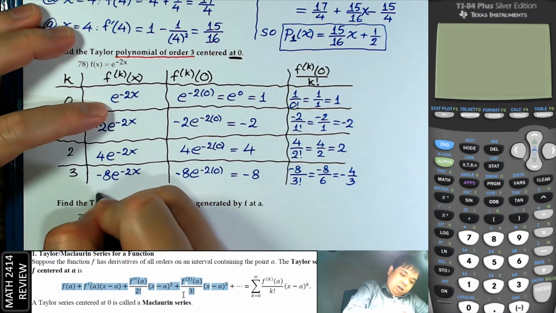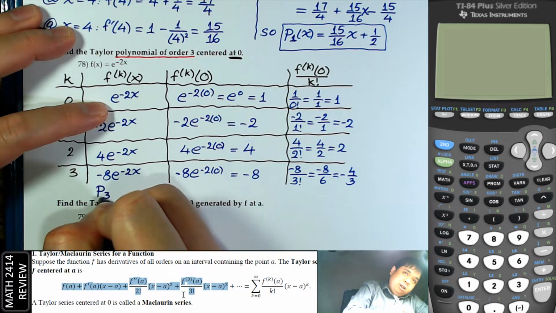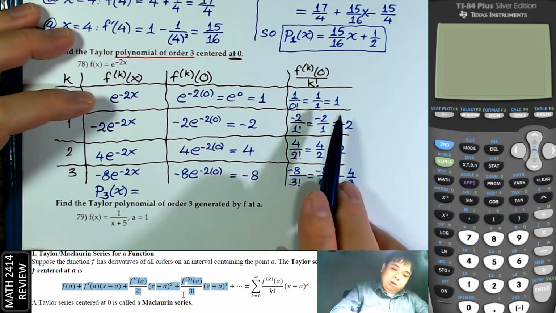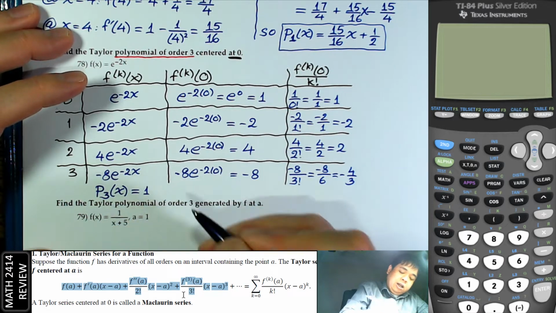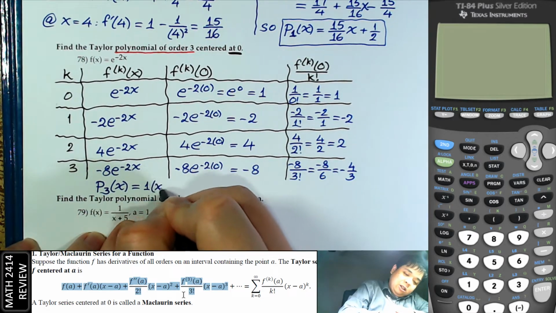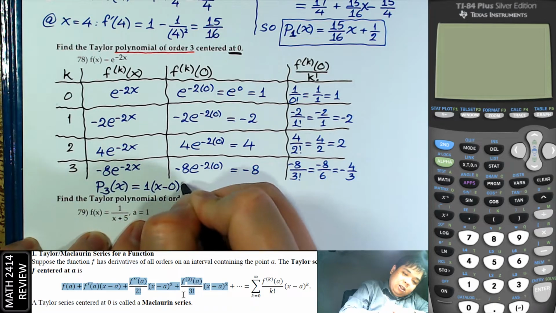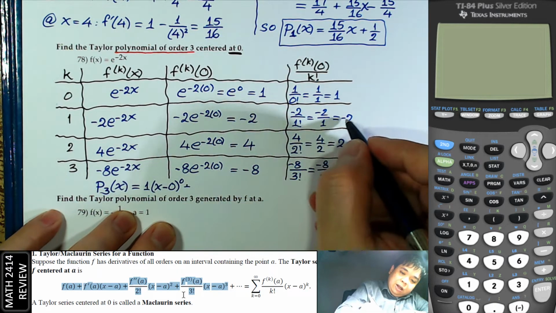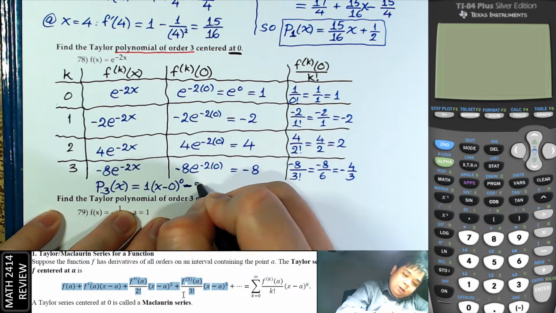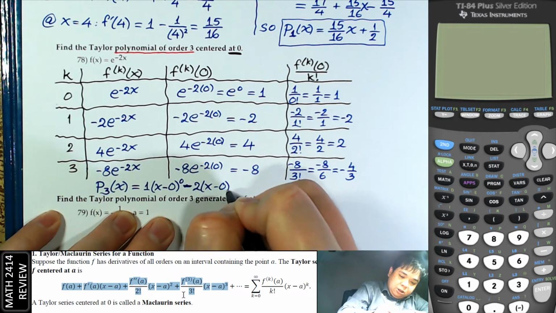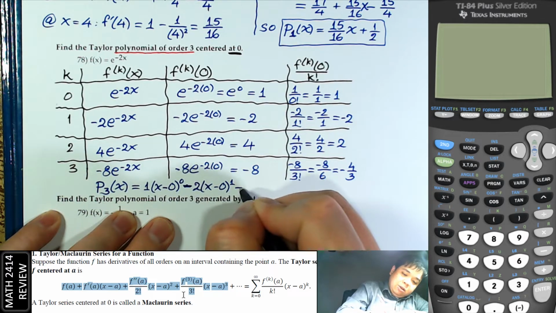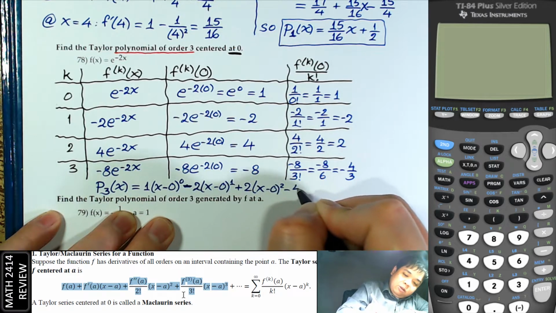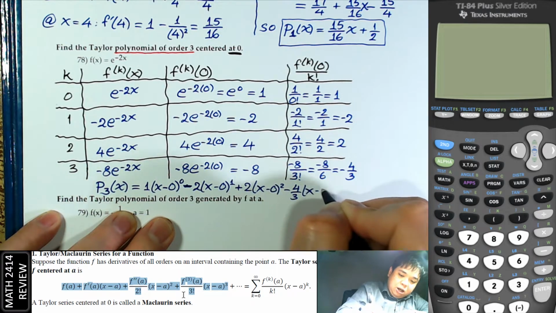So we write P3 of x: 1 times x minus the center to the 0 power, and then minus 2 times x minus 0 to the first, and then plus 2 times x minus 0 squared, minus 4 over 3 times x minus 0 cubed.